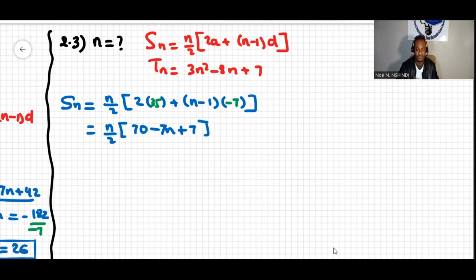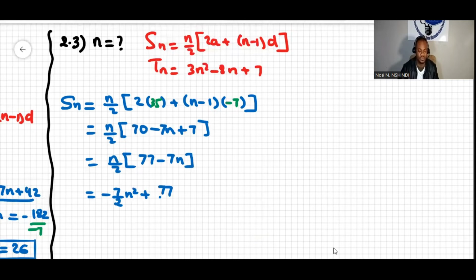Then this will be equal to n over 2, open square bracket, 77 minus 7n. And now this will be -7 over 2 n squared plus 77 over 2 n. So this is Sn in question 2.2.